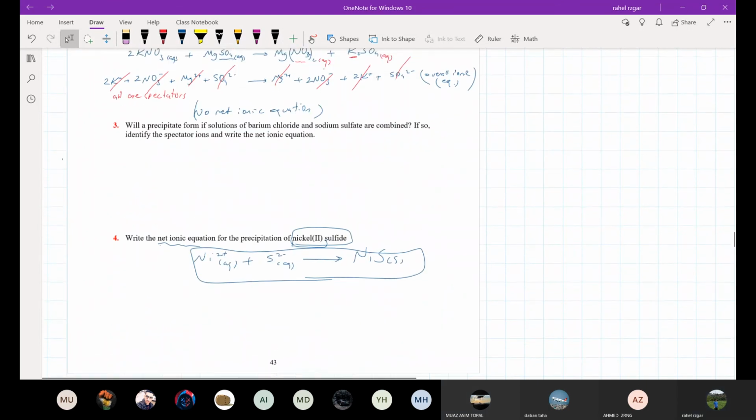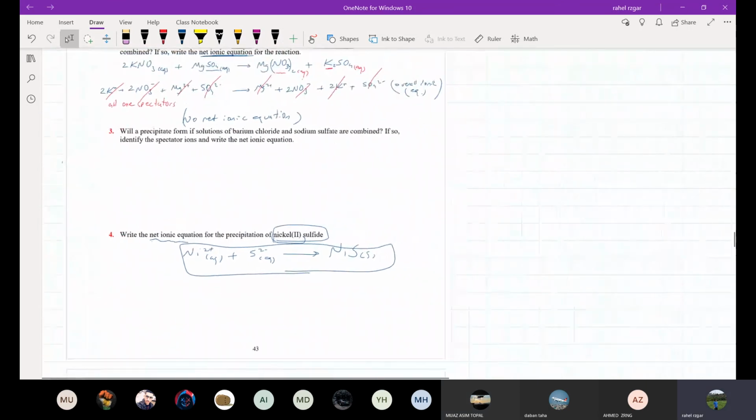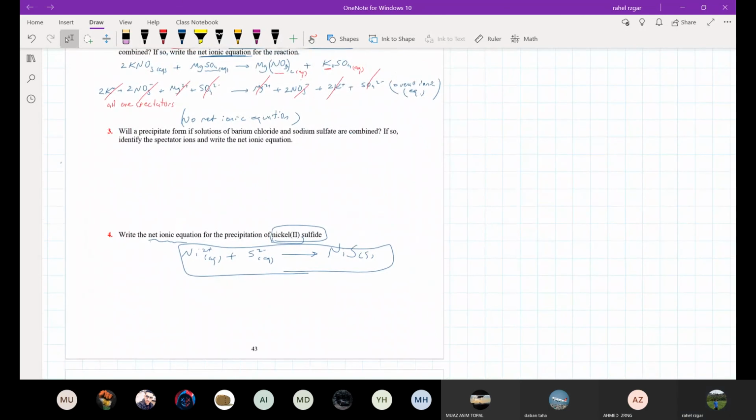If ionic compounds dissolve in water and become ions, exactly this one, then dissociation. So for ionic compounds, you can write this down as a note.